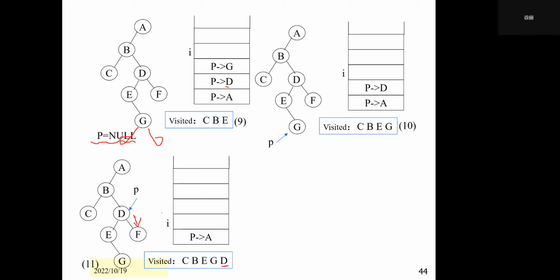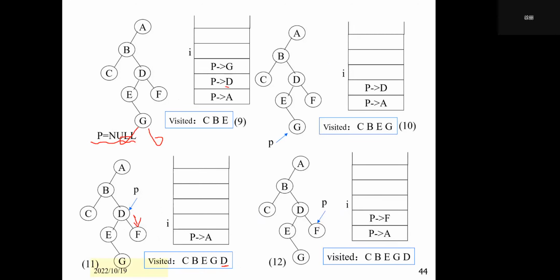So P will point to F, and we push F. P is not null, so we push F and we will go left. The left of F is null, so we will pop from the stack and it's F. So we visit F and go right. The right of F is null too. So we pop A and visit A, right?